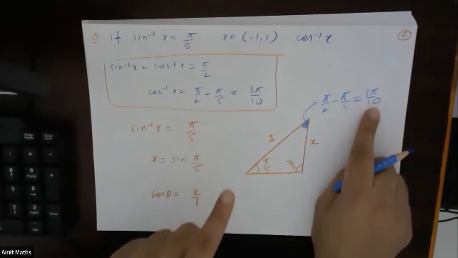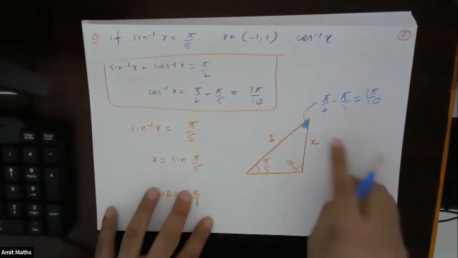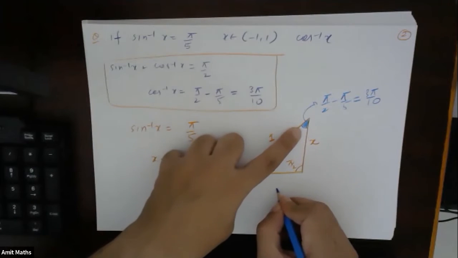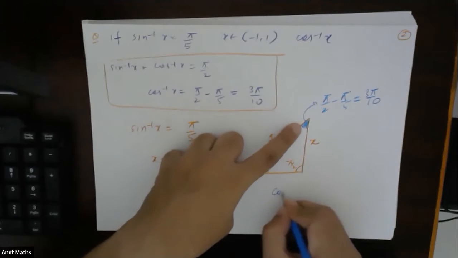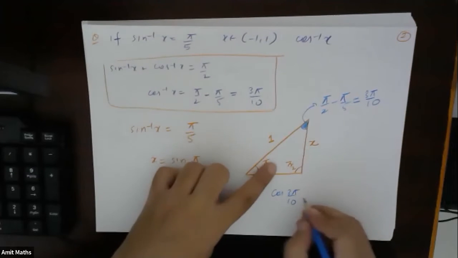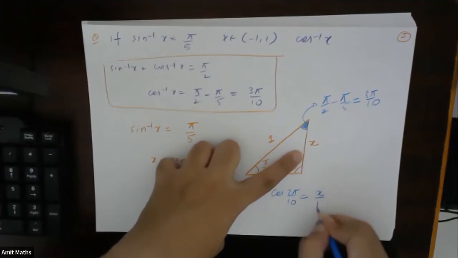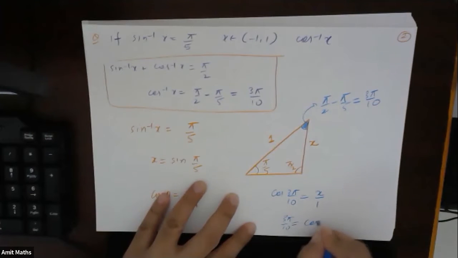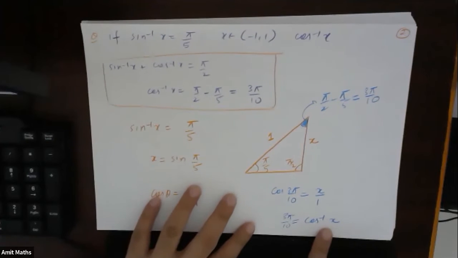If this angle is 3 pi by 10, then cos of 3 pi by 10 will be equal to simply x by 1. So 3 pi by 10 will be equal to cos inverse of x.